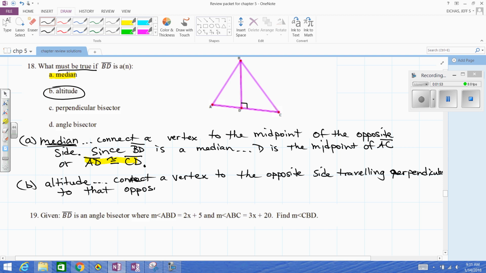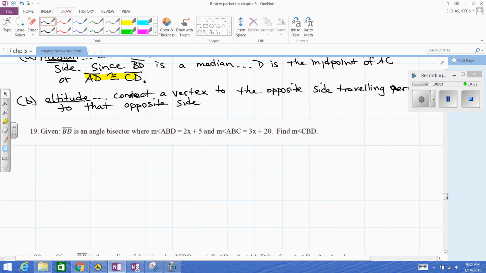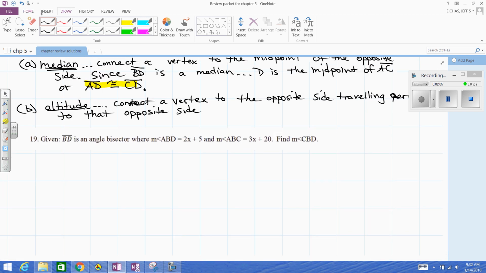In some cases, we'd have to extend the opposite side to hit it, but the big thing is it's going to make a right angle with the other side, or an extension of the other side.